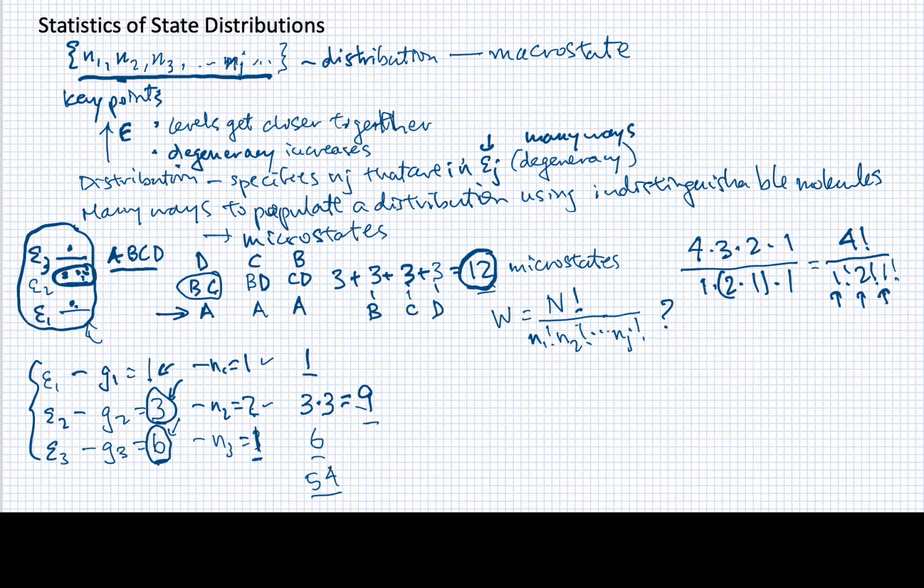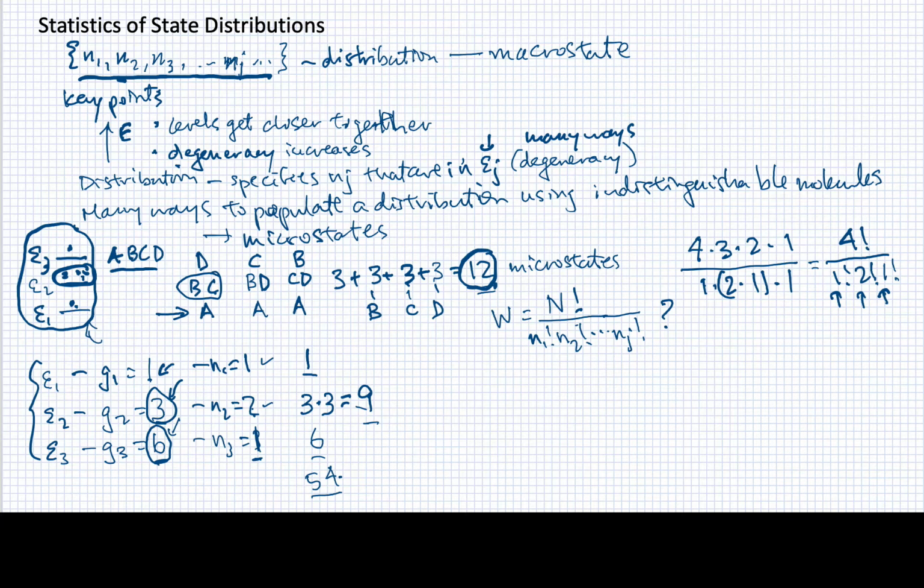Now, in fact, we would multiply these two factors by each other because each one of these 12 has 54 different ways that it could be populating those states. All right, but I hope you'll forgive me for not going into a deep explanation of this, but we've in fact overcounted.